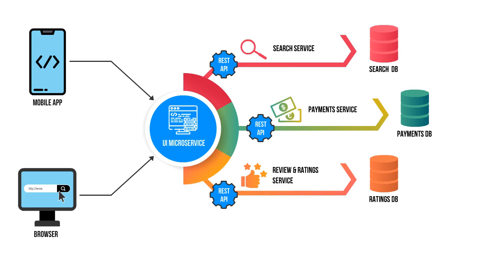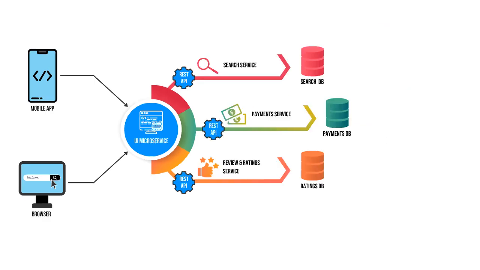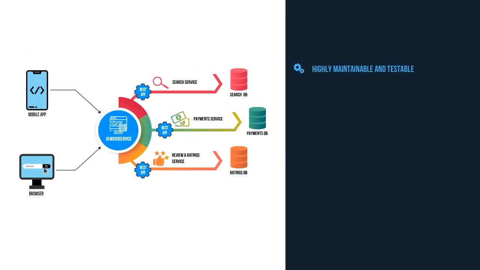Microservice architecture is an architectural development style that allows building an application as a collection of small autonomous services developed for a business domain. In a microservices architecture, each service is highly maintainable and testable, enabling rapid and frequent development and deployment.